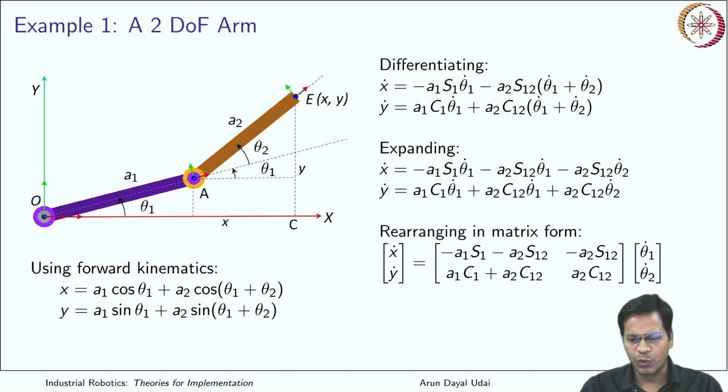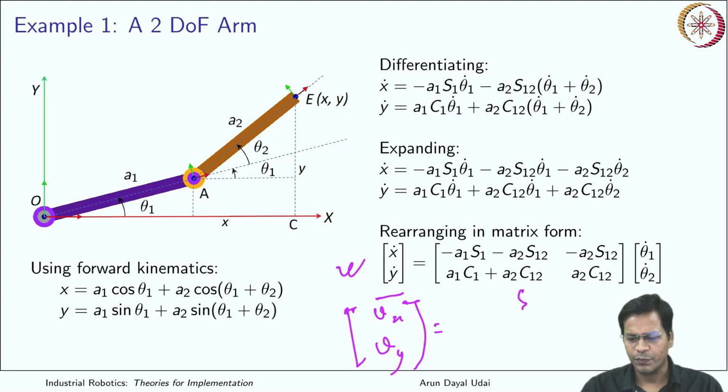If I pack them together by rearranging this in matrix form, what I see is x dot, y dot, that is the output matrix. This is basically the twist matrix, which gives the velocity of the end effector along x and along y, clubbed like this.